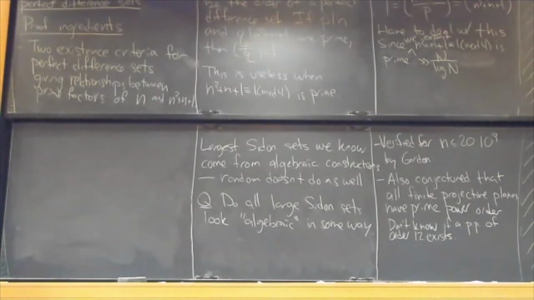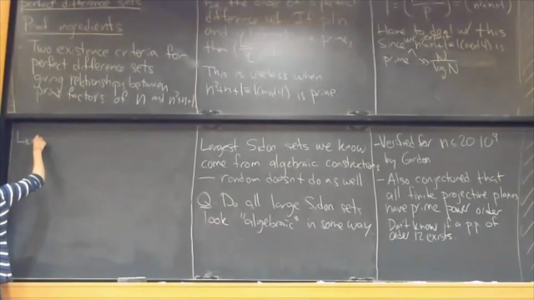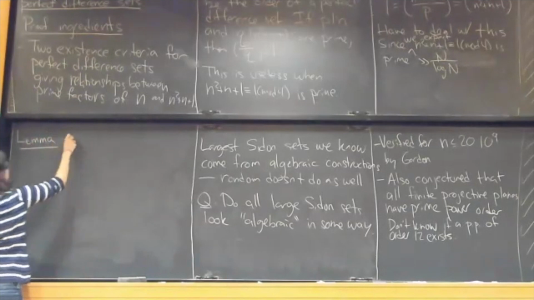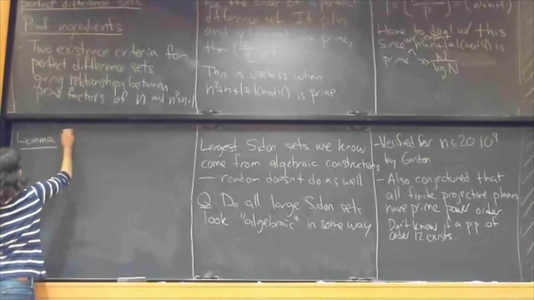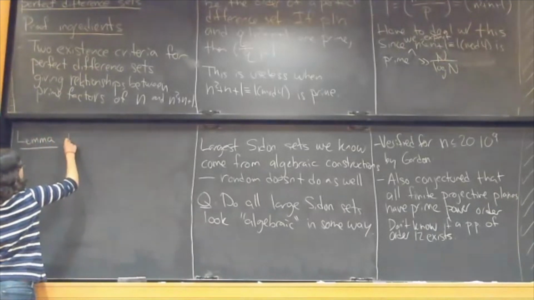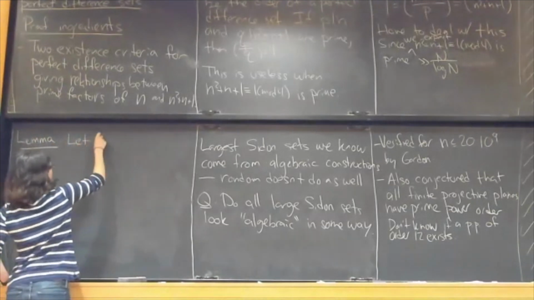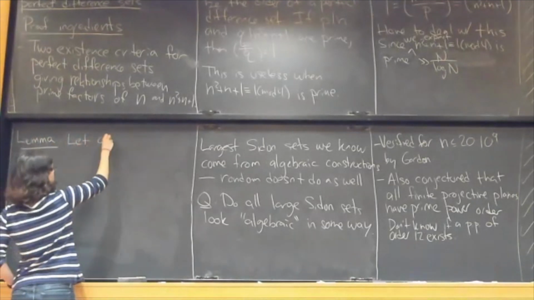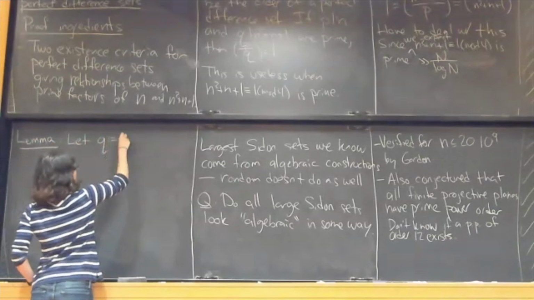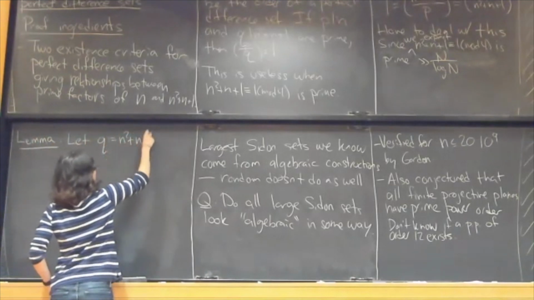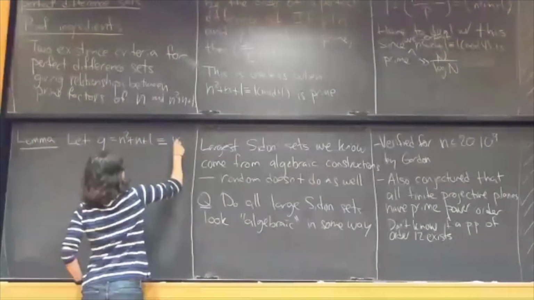It says, let's assume we're in exactly this situation. So Q is some prime of the form n squared plus n plus 1, and it's congruent to 1 mod 4.